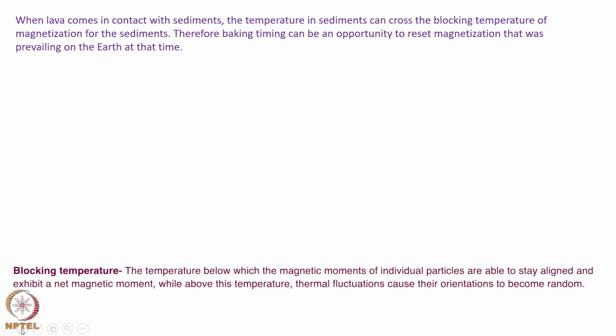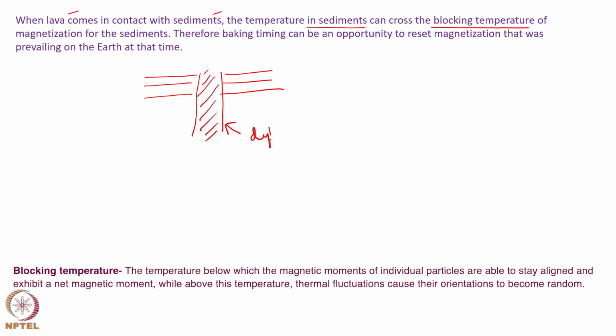While discussing the blocking temperature, one point is to be understood: when lava comes in contact with sediment, the temperature in the sediment can cross the blocking temperature of magnetization. Suppose this is a hot igneous molten material that has cut across the sediments as a dike. Near this dike there will be a zone within the sediment where there is a significant temperature rise.